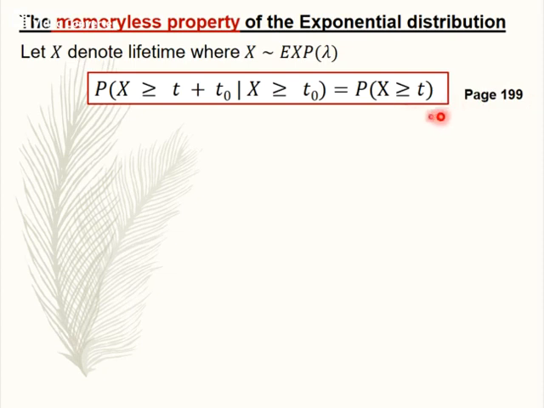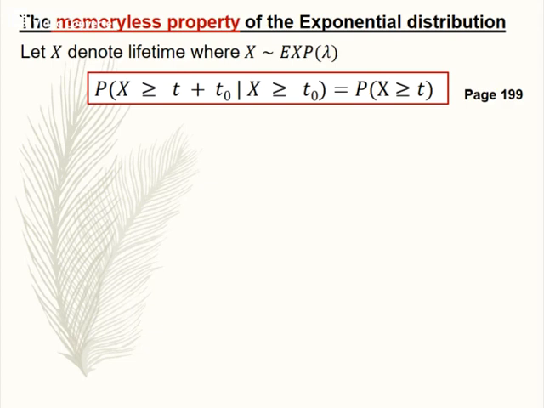This whole equation is what is referred to as the memoryless property, or sometimes the property of no memory. Now, it looks like a lot of maths, but what I want to do now is just, with an example, help you understand what this equation is telling us.